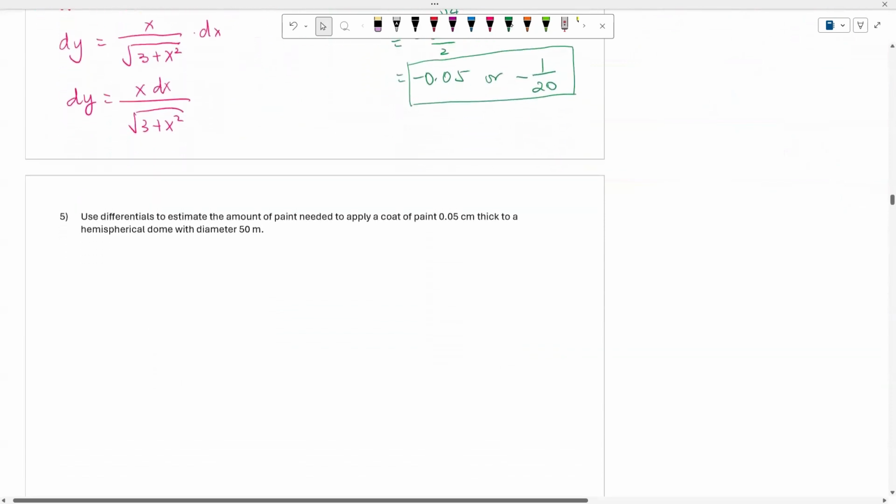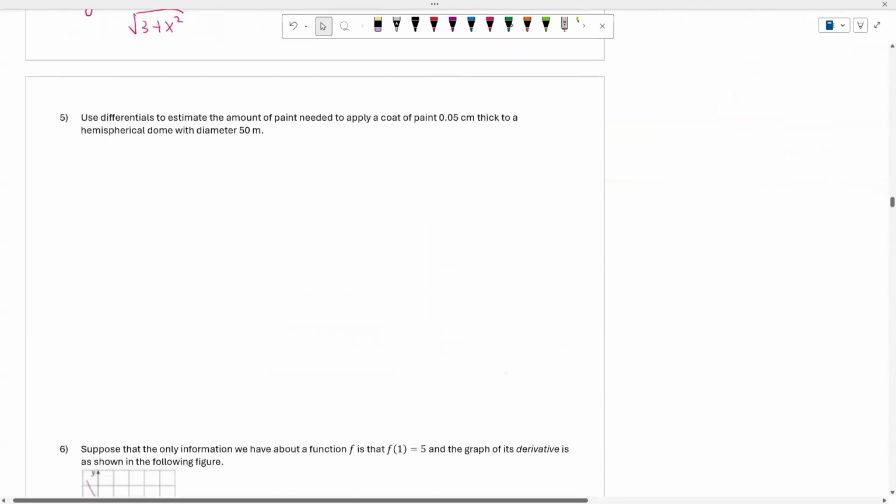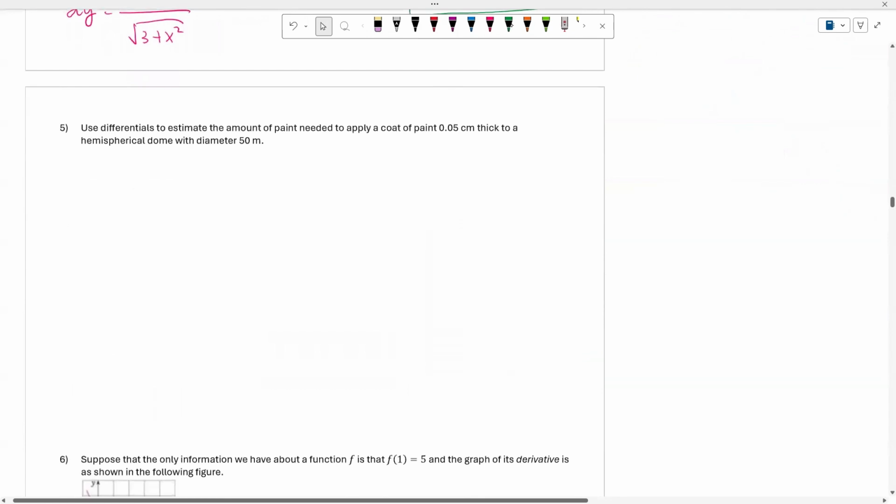Now let us look at the next example. I would like to use differentials to estimate the amount of paint needed to apply a coat of paint 0.05 cm thick to a hemispherical dome with diameter 50 meters. Basically, right now consider that we have a dome.